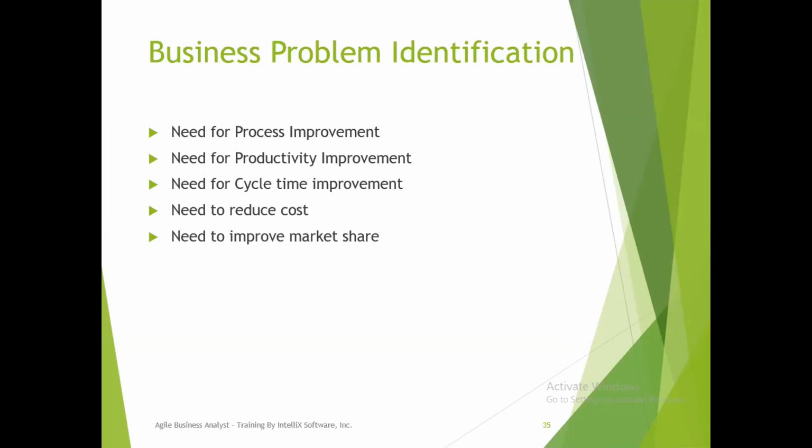The next one is need to reduce cost. So if it's taking me 2 employees to do the search at every store, and it's taking them 5 hours, I will put it as how much it's going to cost. Let's say it's a $10 an hour employee doing 5 hours, and now I have to employ 2 employees to do it.